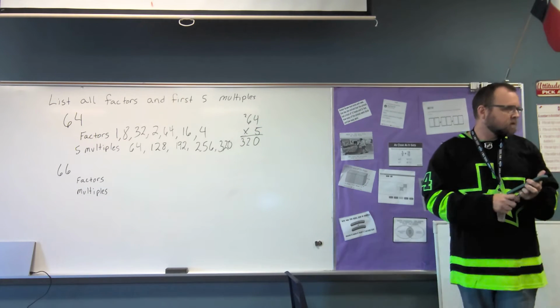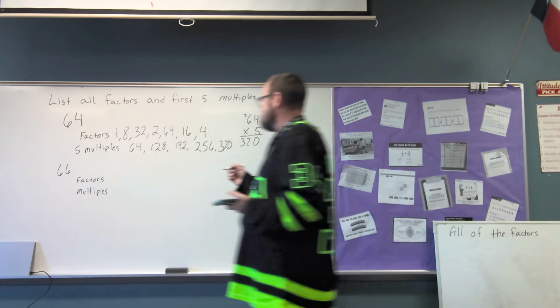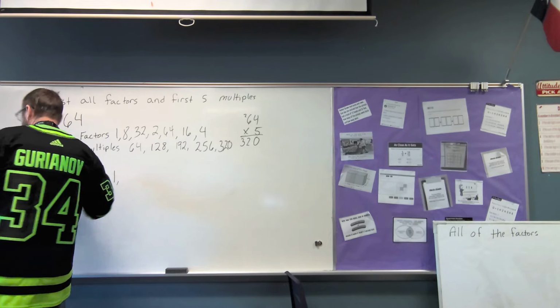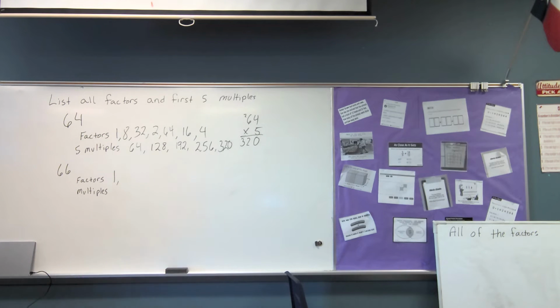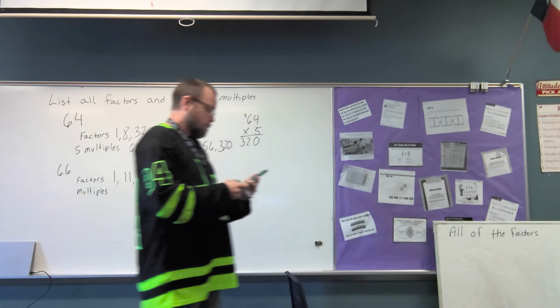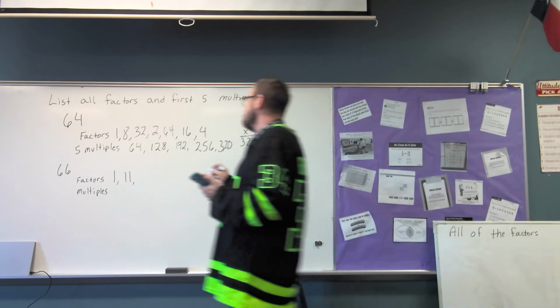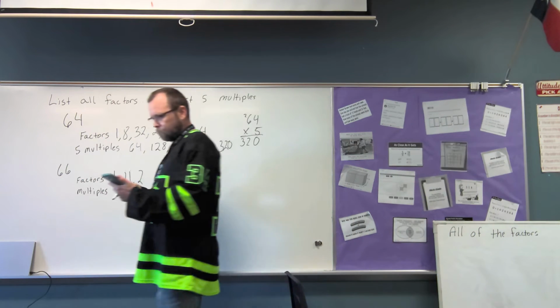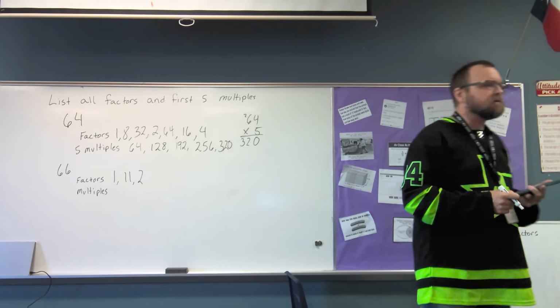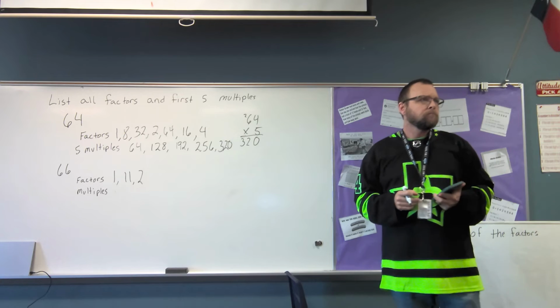Samuel, the first factor of 66 that you want to list. 1. It's a good place to start. If you're the first person called, it's the easiest. Even the second person called is easy. Liam, a factor of 66. 11. Garvin, a factor of 66. 2. Reed, a factor of 66. 6.